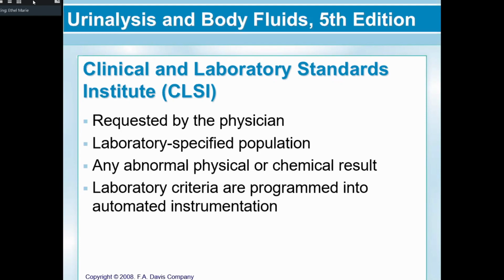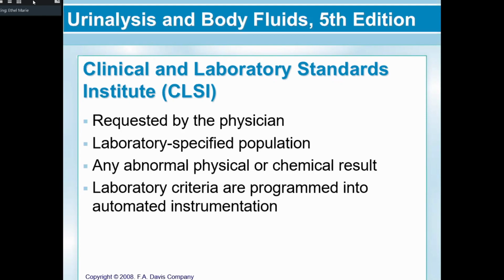For example, a diabetic patient, so it is important that we check for the presence of budding yeast. Or a renal patient, so we have to check for the presence of broad or waxy casts, which may indicate that the patient has end-stage or chronic renal failure.